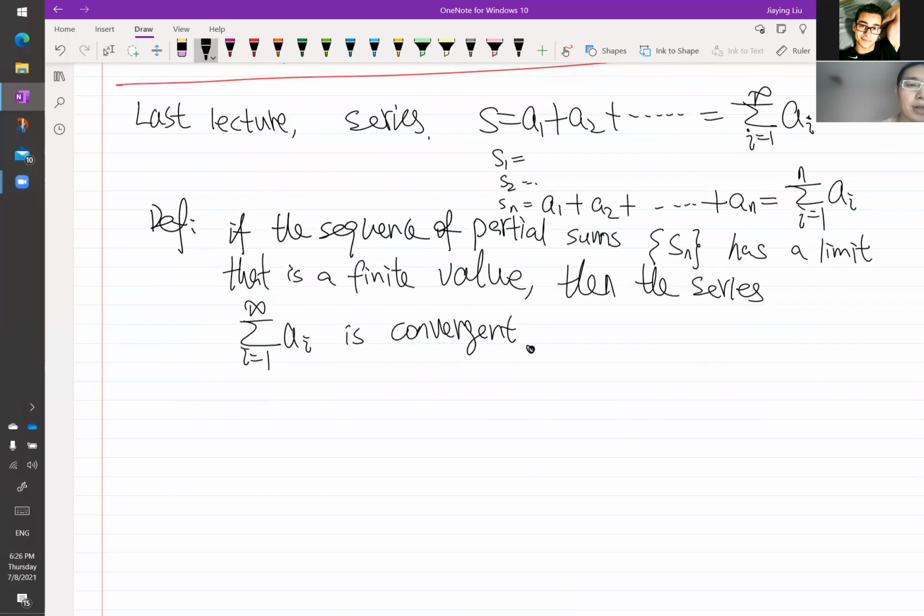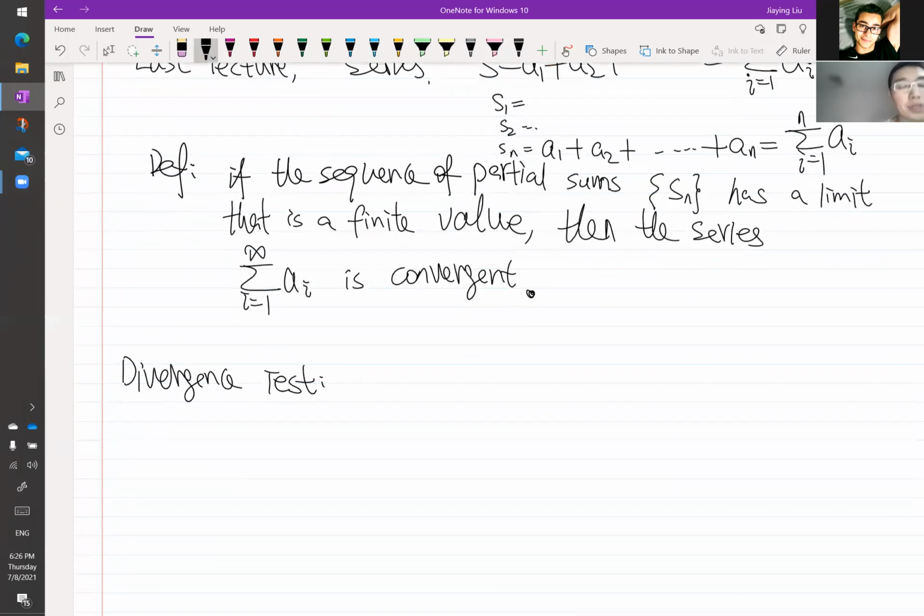We also talk about a divergence test, which says, suppose that we consider a series, the sum with n going from 1 to infinity of an. I could use i or n, but it doesn't matter.